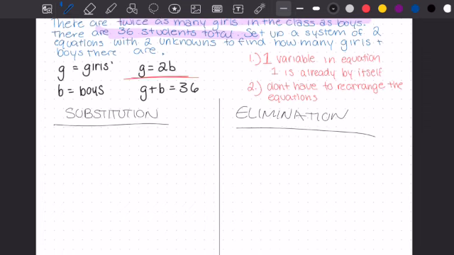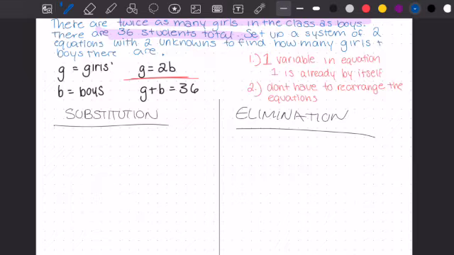So solving by substitution. I'm going to have my 2 equations. So equation 1 is G equals 2B, and equation 2 is G plus B equals 36. I'm going to put G equals 2B into my second equation.